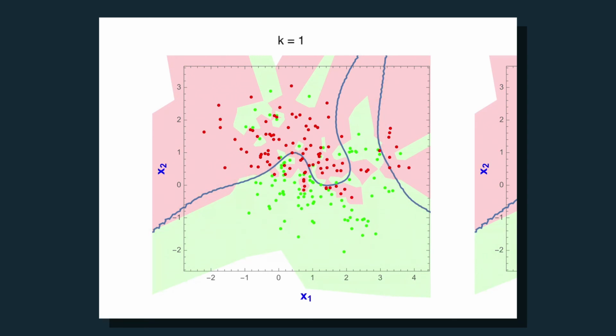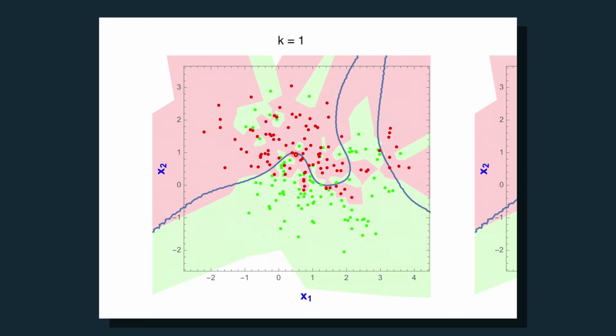These were sampled out of Gaussians that were arranged around this boundary. The perfect classifier would have the region under this curve as green and the region above this curve as red. When you do 1 nearest neighbor, it gets pretty close.